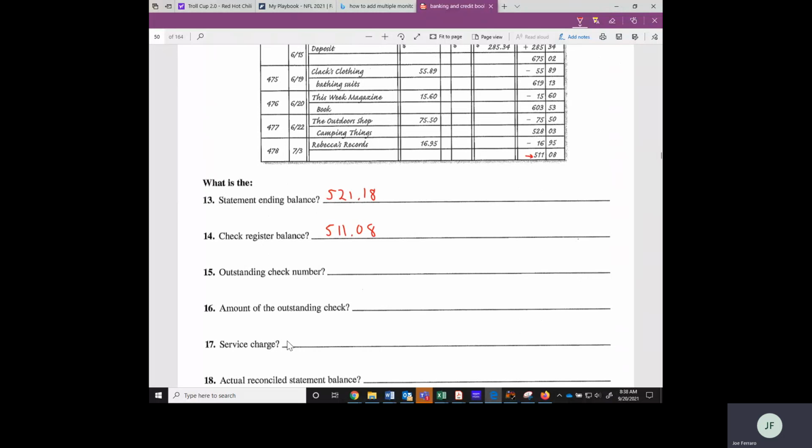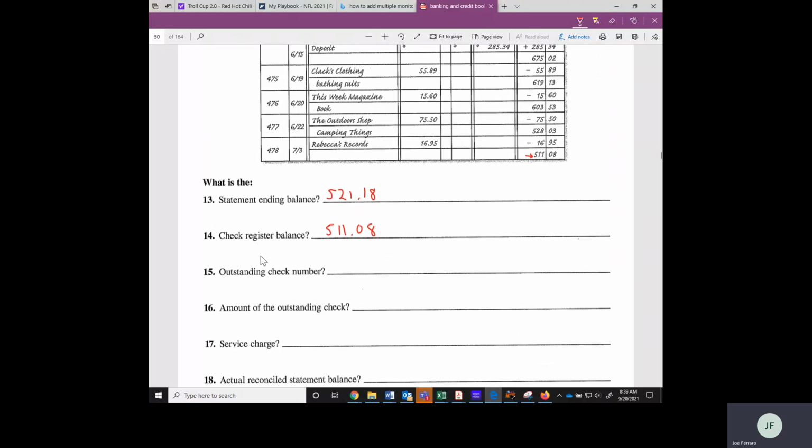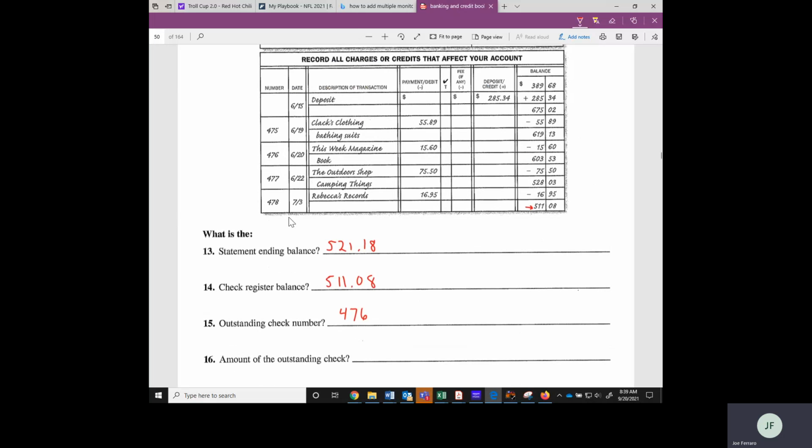Now we have to look at the bank statement and see if there are any outstanding checks. We see the little star, meaning it goes from 475 to 477, so we are missing 476. The amount of the outstanding check, check 476, is right here: $15.60.